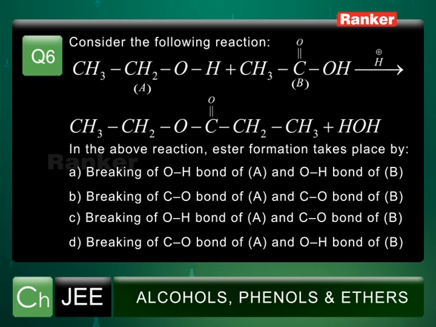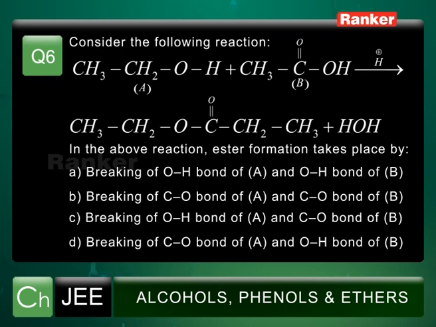Breaking of OH and breaking of OH both are wrong. Breaking of CO and breaking of CO both are wrong. In the third case, one is OH breaking, one is CO breaking. So this may be the right one here. Breaking of OH of alcohol and breaking of CO of the acid is the right one.